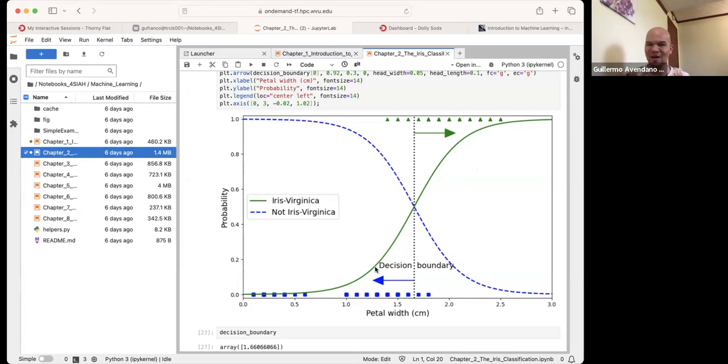So the elements that are misclassified, either because they are Virginica and were classified as non-Virginica, or they were non-Virginica and were classified as Virginica. Those two cases, we're trying to minimize.